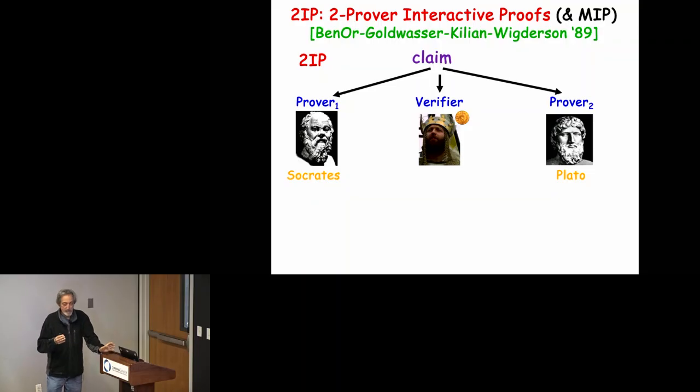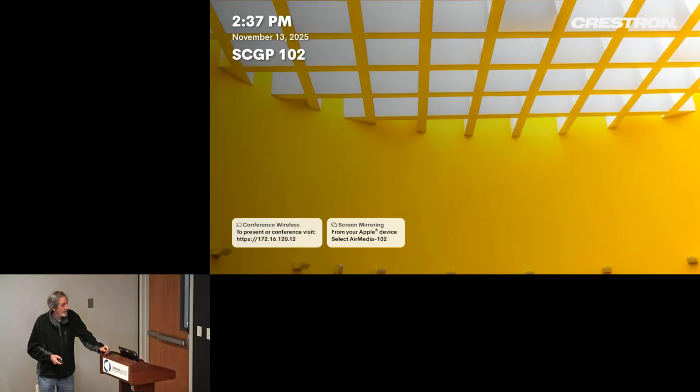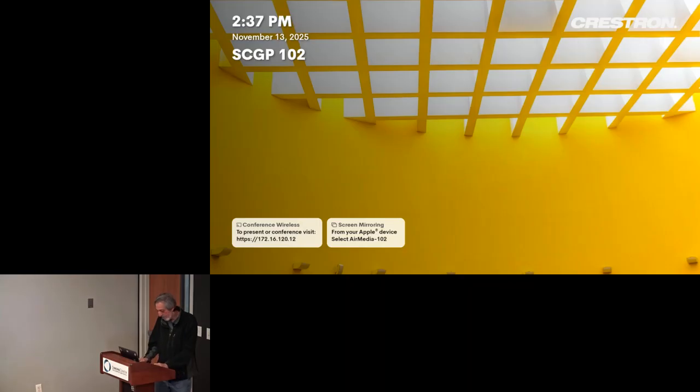The provers, the two provers or many provers, can talk to each other, devise a strategy, how they want to convince the verifier of this claim, and then they are separated, and the verifier can interrogate each of them separately. They cannot talk to each other afterwards, I mean, when he starts asking questions. And there are questions asked, coins tossed, and eventually the verifier decides to accept or reject this challenge.